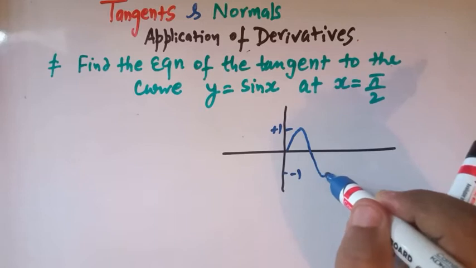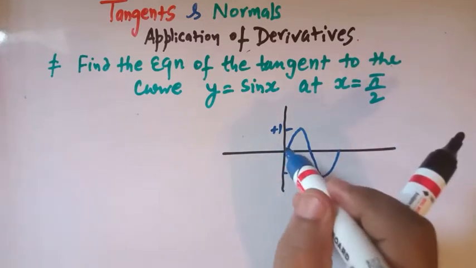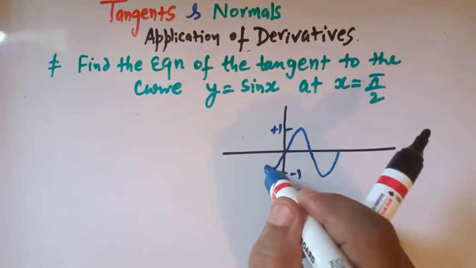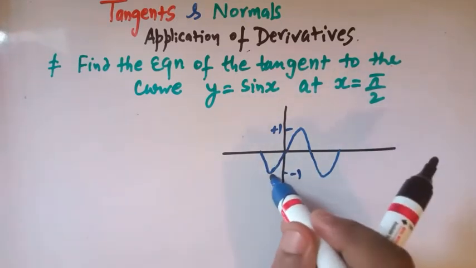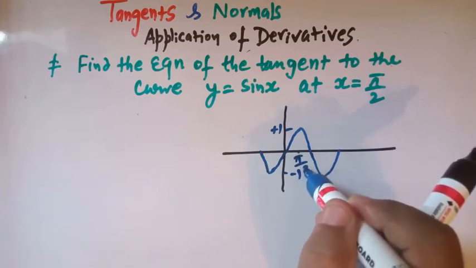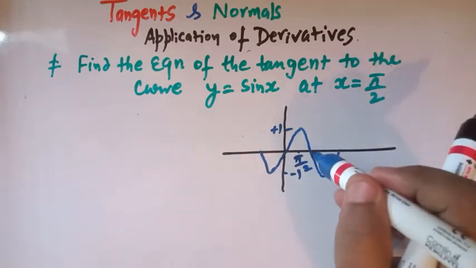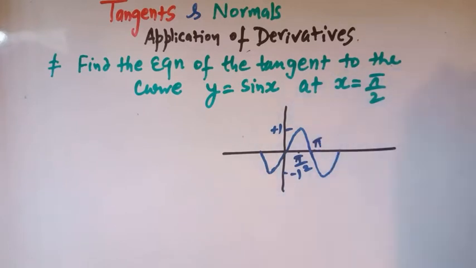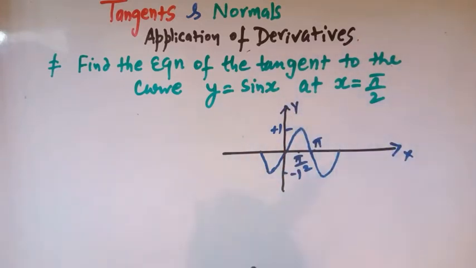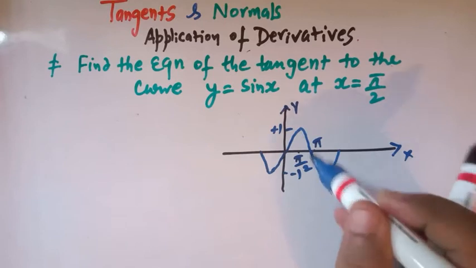Okay, this is like this, and here we also have like this. Clear? So this point is pi by 2. And this point is pi, and so on. I am not drawing it here properly, and this is just for the sake of understanding.